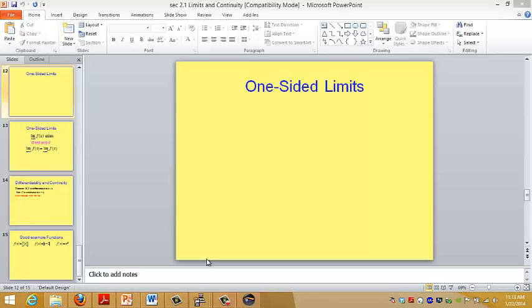So, when we were talking about limits, we didn't mention this idea, or maybe I mentioned it, but maybe I didn't say enough about what you might call one-sided limits. Yes, I did.